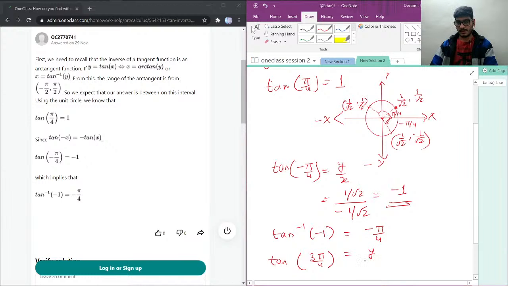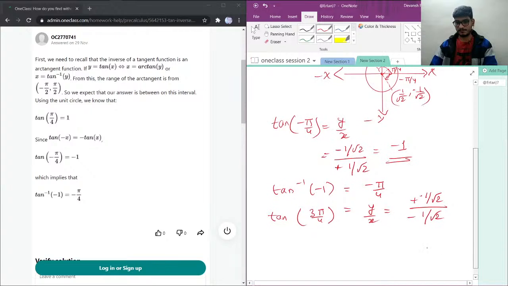Tangent of 3 pi by 4, again y by x, has a positive y and a negative x, so we have 1 over root 2 and negative 1 over root 2.